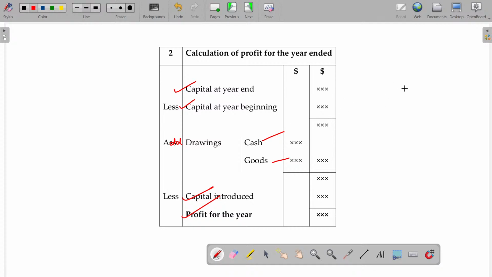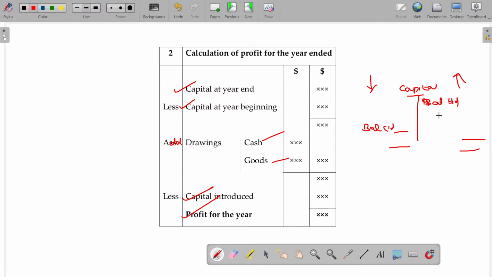If you prepare this in account form, the capital account, how should that capital be? Capital being a liability side item, the opening balance, balance brought down, should be on the credit side, and the balance carried down should be on the debit side. If the capital is increasing, show that on the credit side. If it is decreasing, show that on the debit side.